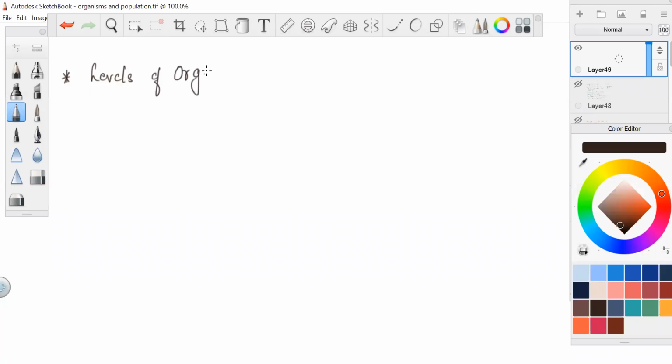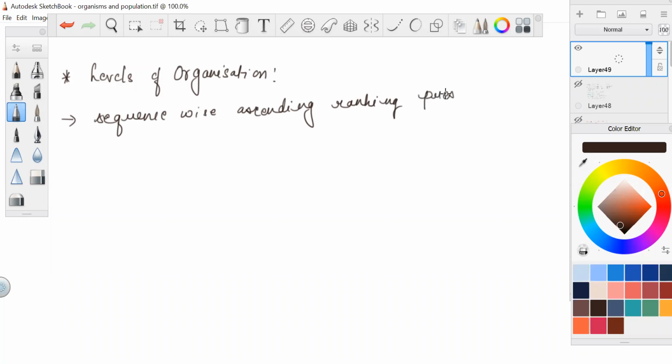So you will write levels of organization. This is sequence wise, and you have to remember it, an ascending ranking, present in living environment.